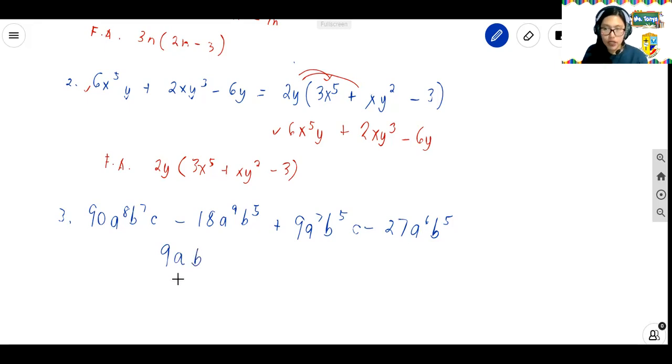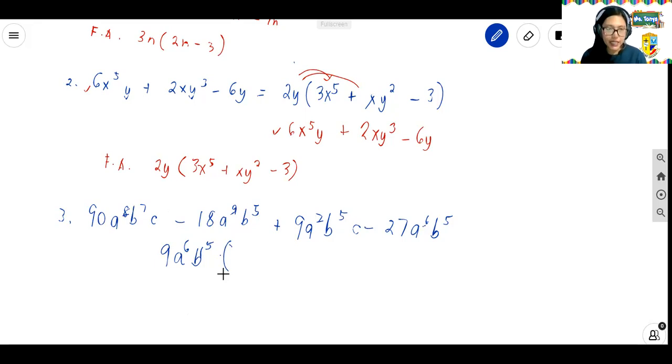But let's check what is the exponent of A. What is the least exponent of A? It's actually 6. So I'll put here 6. What's the least exponent of B? So 7, 5, 5 is 5. So put there 5. And then let's now check the next factor.